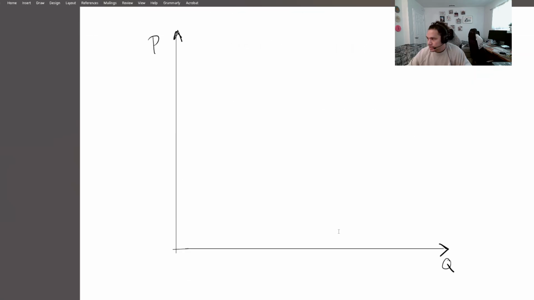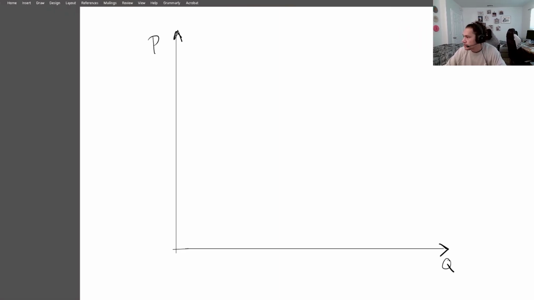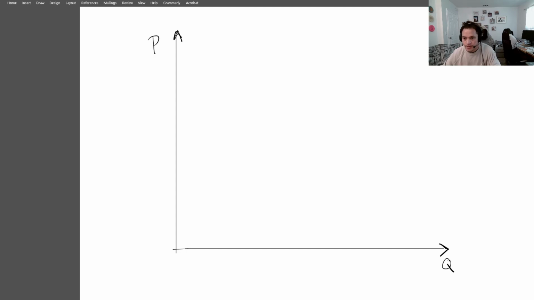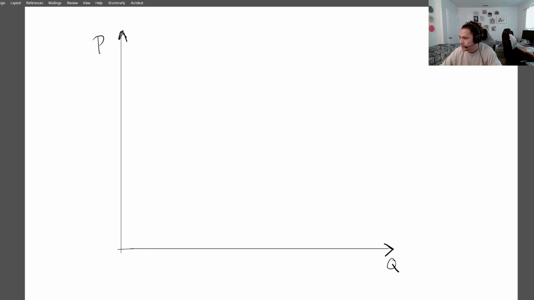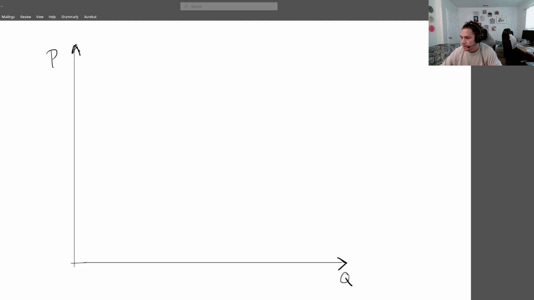So here's a nice supply and demand figure. Let me move this further out of the way. Then I also want to give myself some space here, and I'm going to write out my functions over here as well.